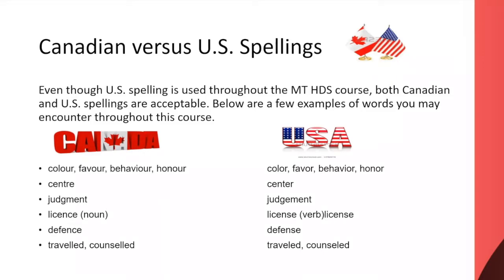Even though US spelling is used throughout the MT-HDS course, both Canadian and US spellings are acceptable. Below are a few examples of words you may encounter throughout this course, such as color, favor, behavior, honor, center, judgment, license, defense, travel, or counseled.